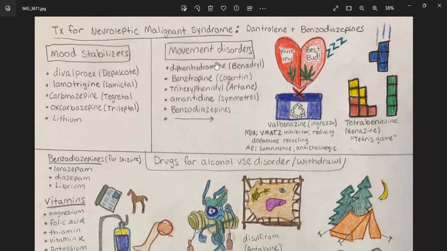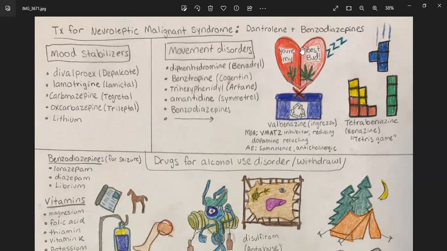Movement disorders. We have all these things we've already talked about. And then here are two new drugs that were mentioned. So we have valbenazine. So I have a Valentine that is bent, and we can't recycle it for some reason. Probably because it's bent. And so that is because the MOA is that it is a VMAT2 inhibitor, which reduces dopamine recycling.